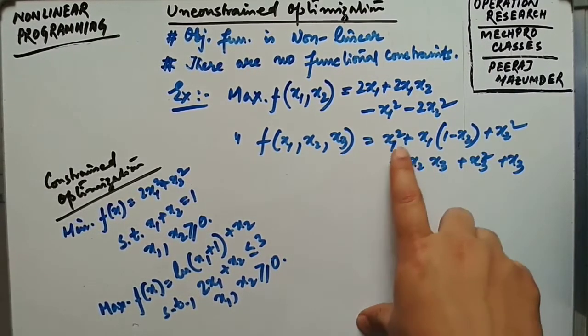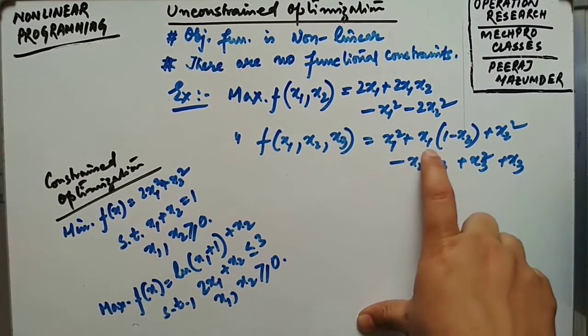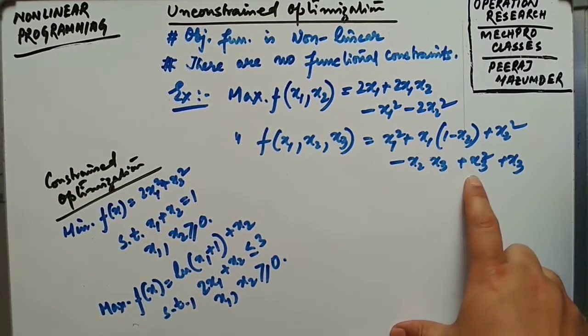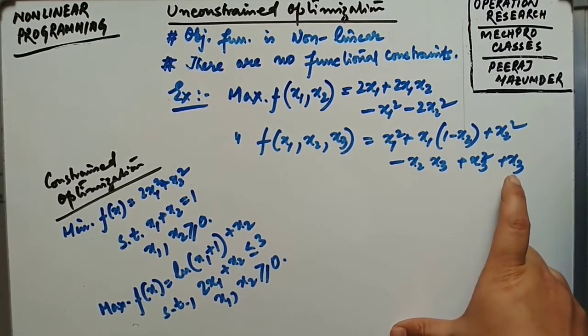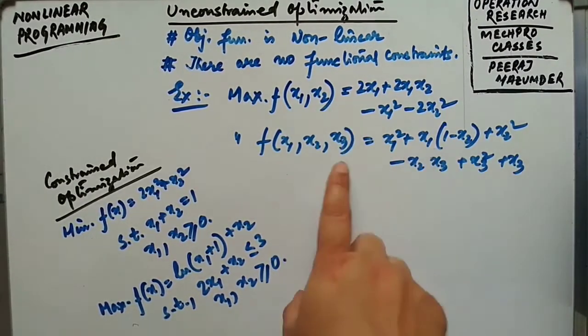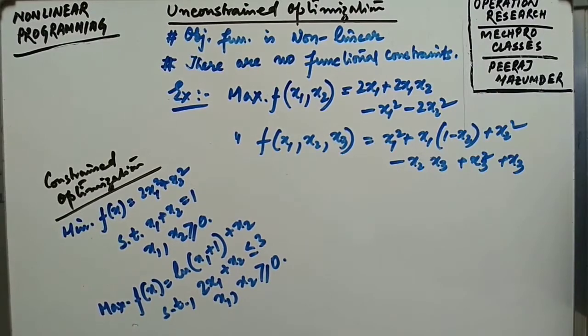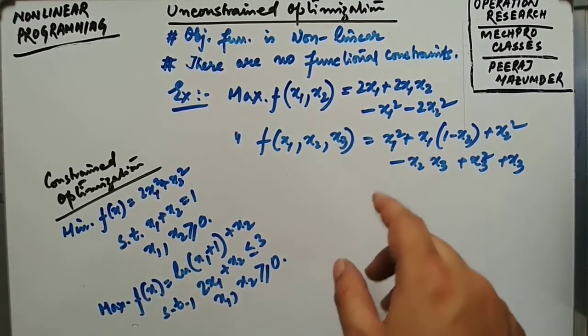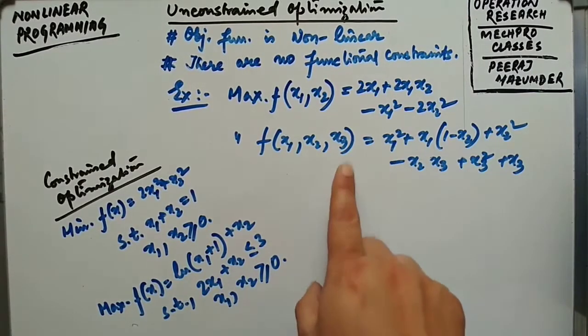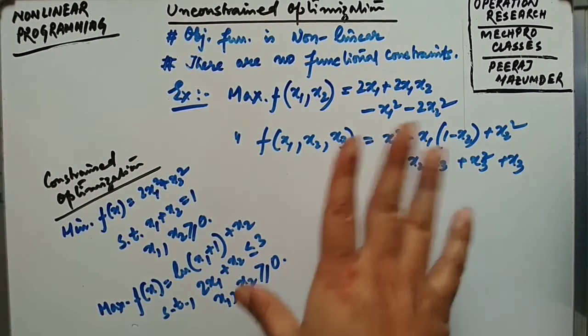You can see x1 square, a product term x1 into (1 minus x2), plus x2 square, minus x2 into x3, plus x3 square. So these have square terms or product terms, and no constraints, so this is an unconstrained optimization.